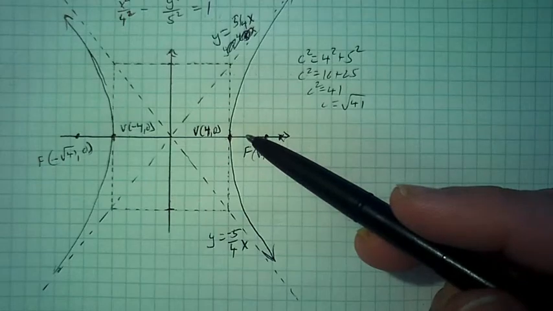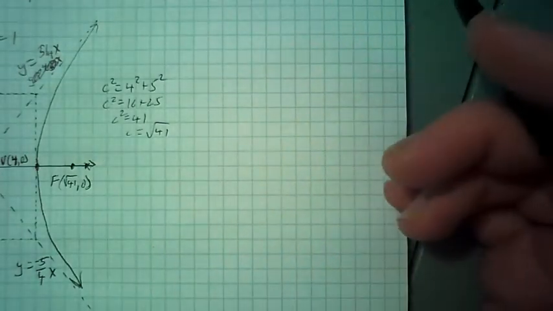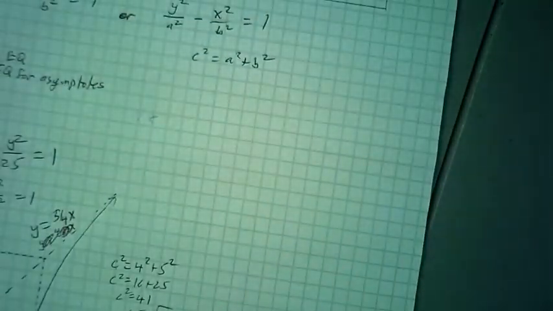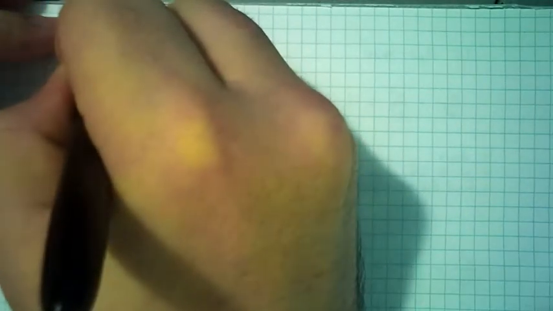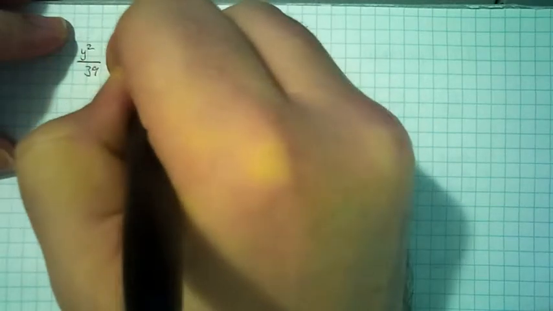All right. Let's do... Am I going to be able to fit it there? Not necessarily, so I'll switch sides. All right. y squared over 39 minus x squared over 25 equals 1.